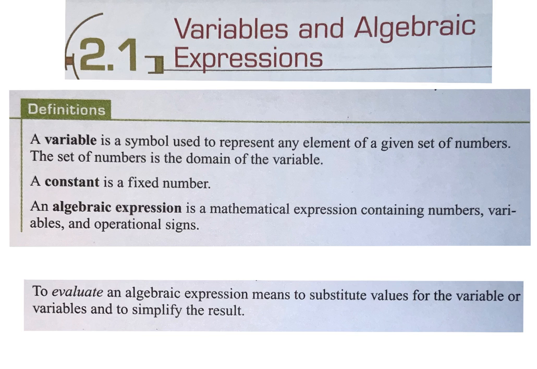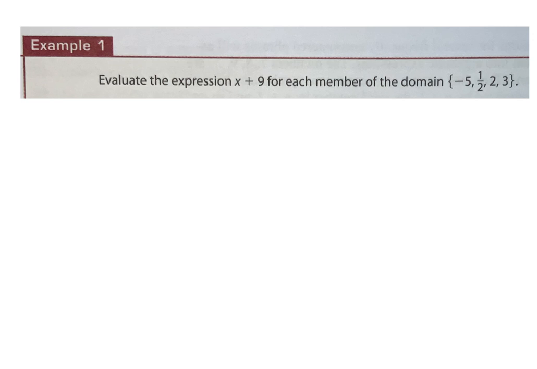So let's look at an example of this. At the top of page 47 is your first example. They want us to evaluate the expression x plus 9 for this domain. Now this is a word that just means your input values, okay? So domain just means here's the list of input values that I want you to do. And so if I wanted to evaluate this, I would take each one of these inputs and plug it in for the x.